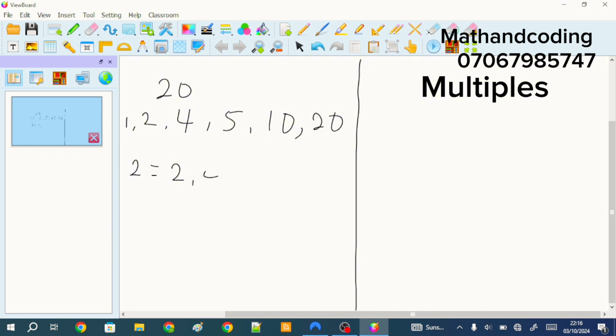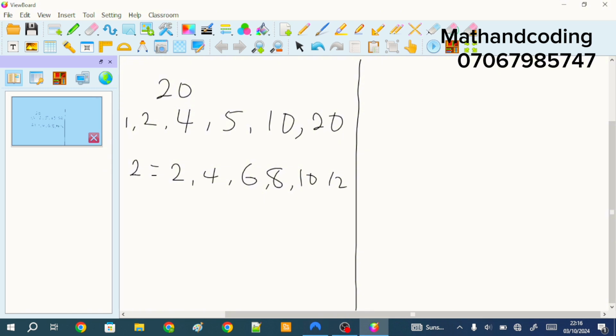If we multiply 2 by 2, we get 4. By 3, we get 6. By 4, we get 8. If we continue that way, we get 10, 12, 14, and so on. So these numbers that we get by multiplying 2 by different non-zero numbers are called multiples.